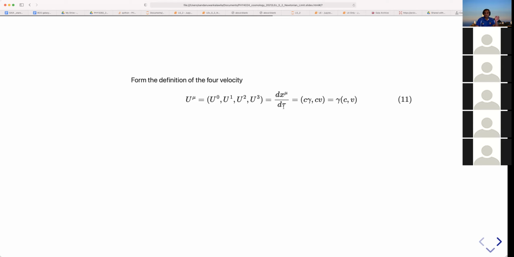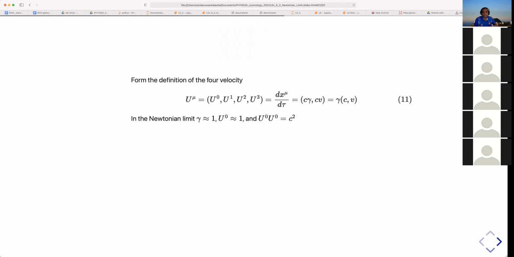Tau is like the proper time, and this is also written in this form as well, c gamma and c v. The c gamma means that first term right here. The c times v represents the last 3 terms, right? Which are basically the velocity components in the 3 other directions. And this is the time component, c gamma.